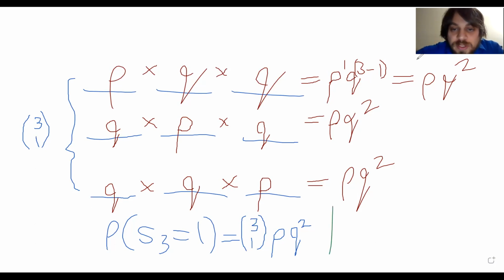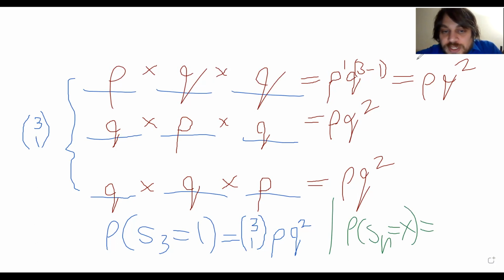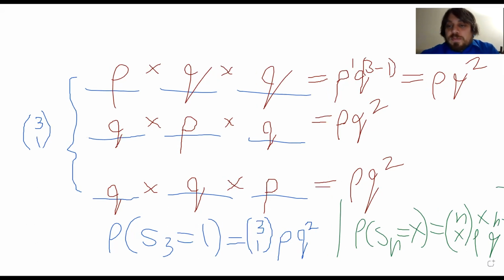Okay, this is an example of the more general expression that we just talked about. The probability of S sub n equals X is equal to n choose X, times P to the X, times Q to the n minus X. The 3 is the n here. You have n Bernoulli trials. You want to choose X of them to be a success. If X are successes, you're multiplying P by itself X times. And if you succeeded X times, but there's a total of n trials, the n minus X remaining are failures.